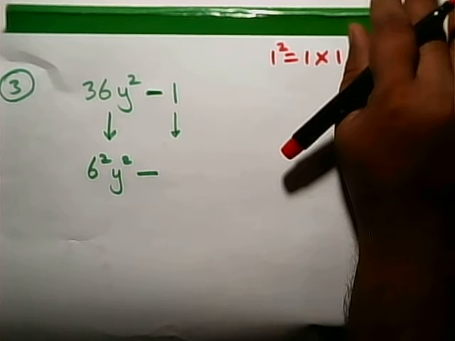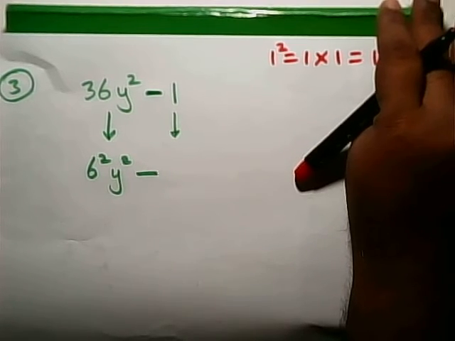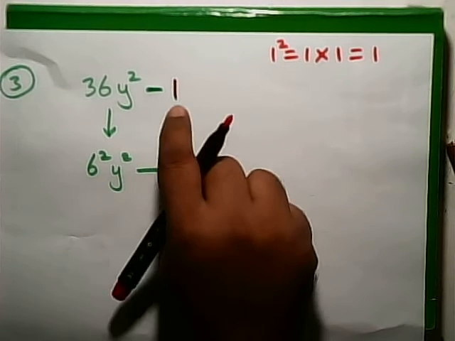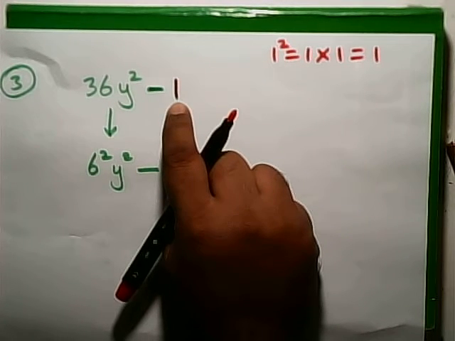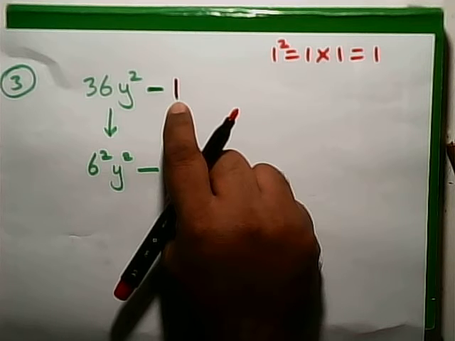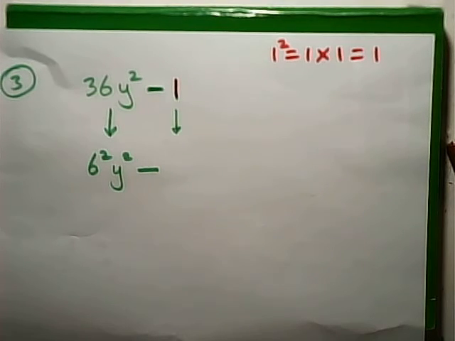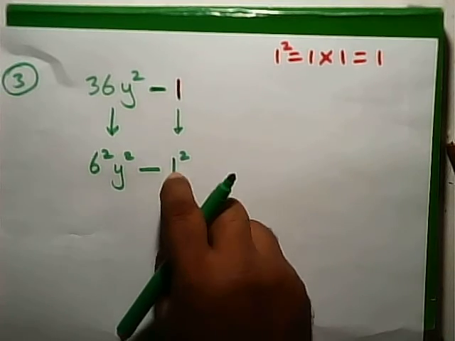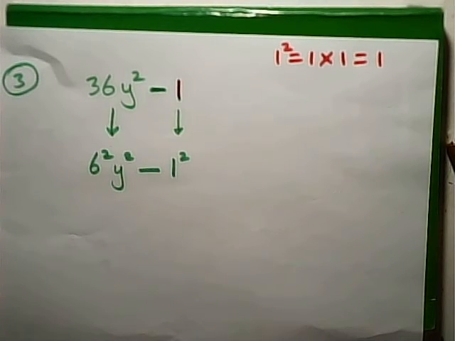And 1 times 1 is equal to 1. So you see this 1 here? I'm going to replace that 1 with something that is the same value, which is 1 squared. And 1 squared is 1. So that's the trick to doing this.